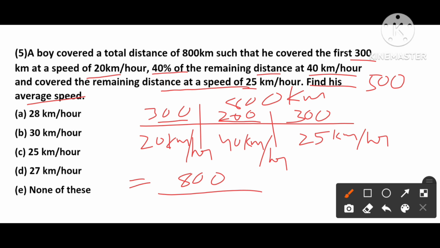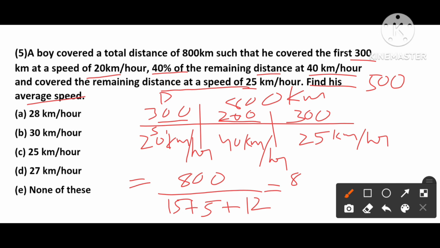T1 will be distance by speed, which will be the time. So 300 divided by 20, which will be 15, plus 200 divided by 40, which will be 5, plus 300 divided by 25, which will be 12.